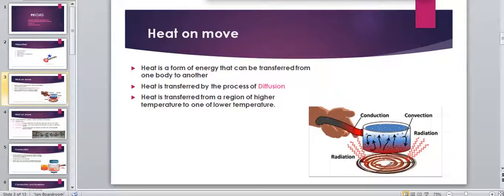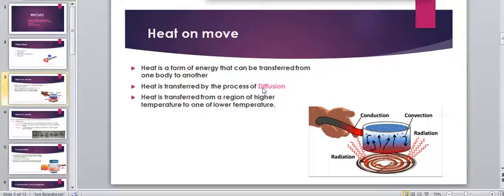So students, basically in this chapter we will learn how the heat energy transfers from one object or one body to another object or body, and how it transfers. So heat is a form of energy that can be transferred from one body to another, and this process takes place by the help of diffusion.